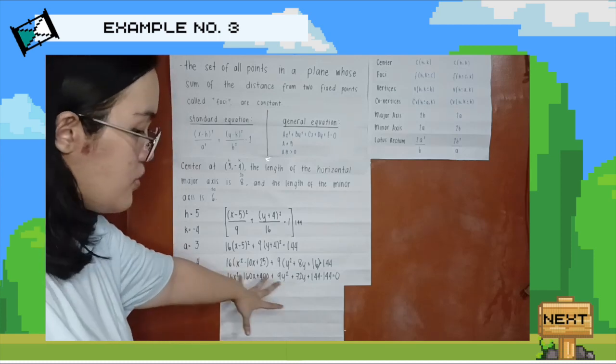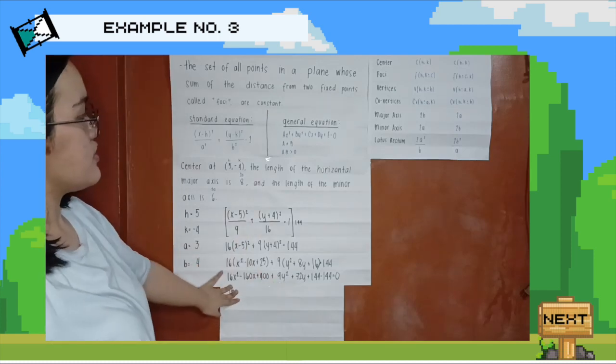And after that, we need to combine like terms. Follow the general equation.